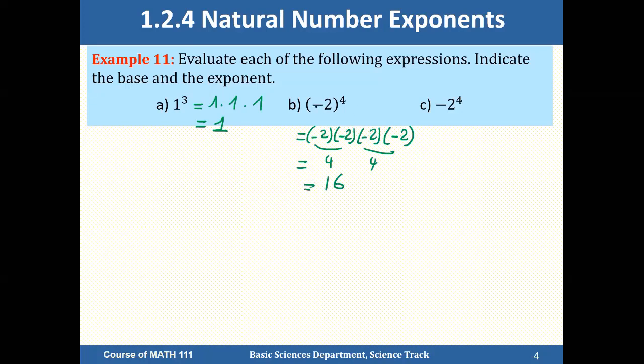What's the difference between (minus 2) to the 4 and negative 2 to the 4?